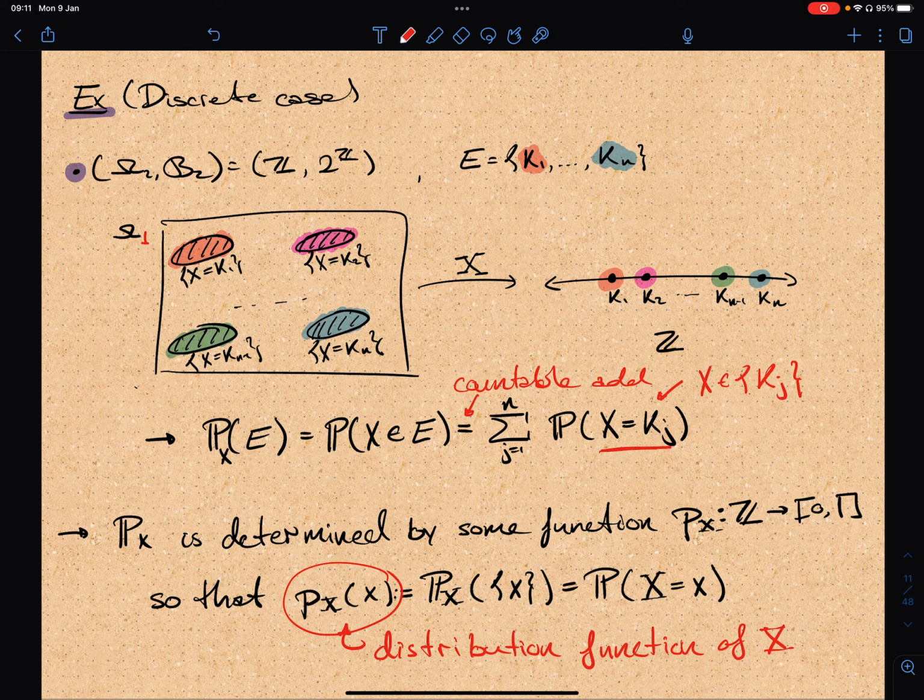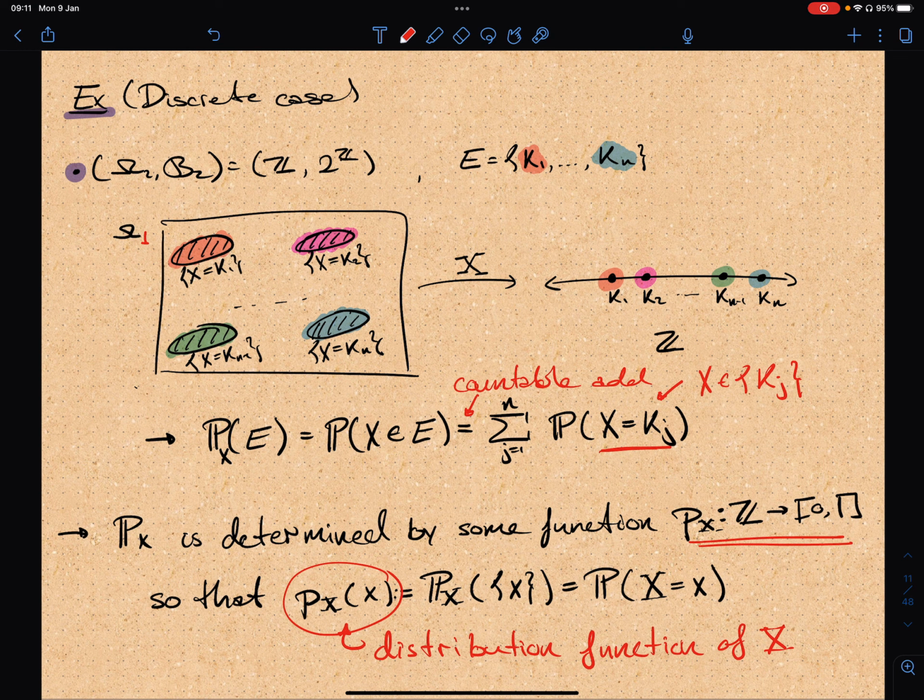So the distribution of a discrete random variable is just going to be a map from the integers to [0, 1]. And that's going to be it.